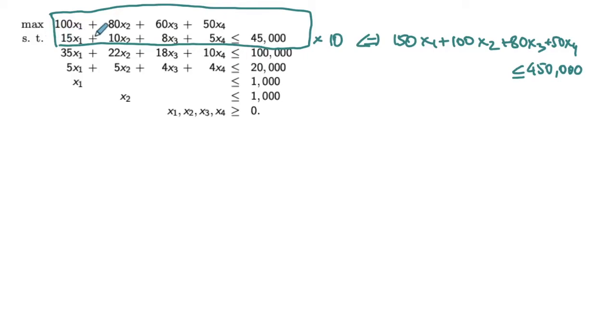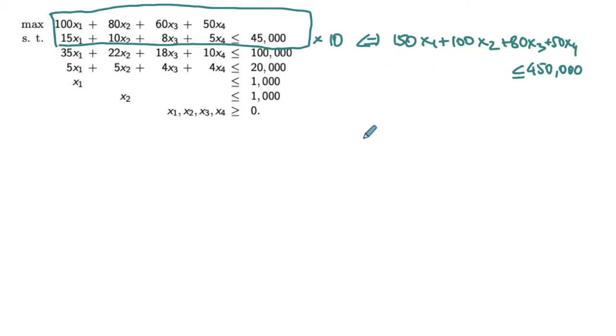So now looking at the coefficients for all the variables in the objective and the left-hand side of this constraint, we can see that the coefficients in the left-hand side of the constraint are at least as large as the coefficient in the objective for every variable. So for example, for x1 we have 150 here and only 100 here, 100 versus 80 for x2, 80 versus 60 for x3, and for x4 the coefficients match, so they're both 50, right?